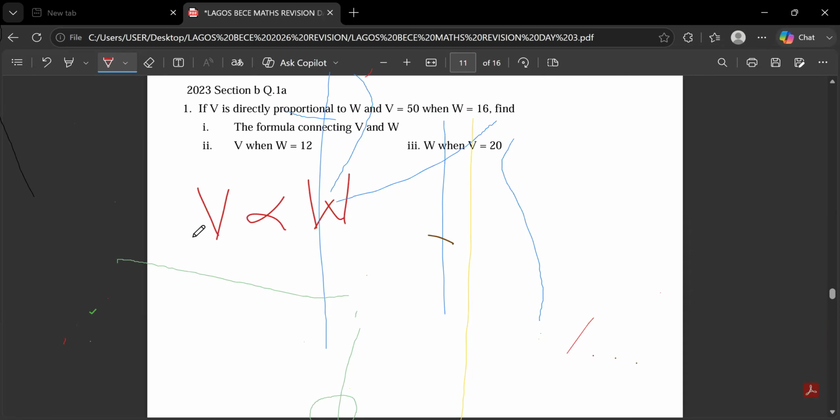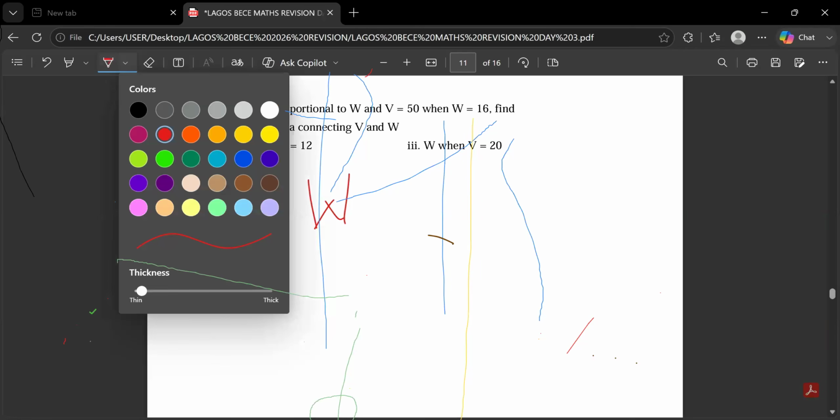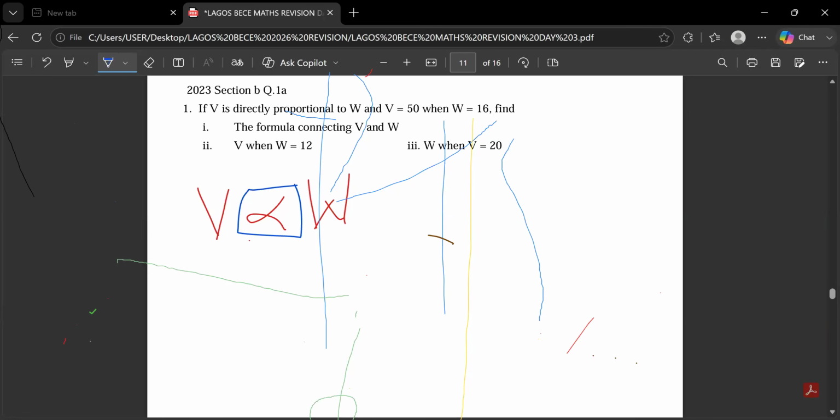So we need to change it to an equation. And for us to change it to an equation, we are going to introduce an equal sign. So we are going to remove this variation symbol here. So it's going to be V equals, because we have introduced equals in place of the variation symbol, we are now going to introduce a constant, and that constant we use letter K for most of the time.